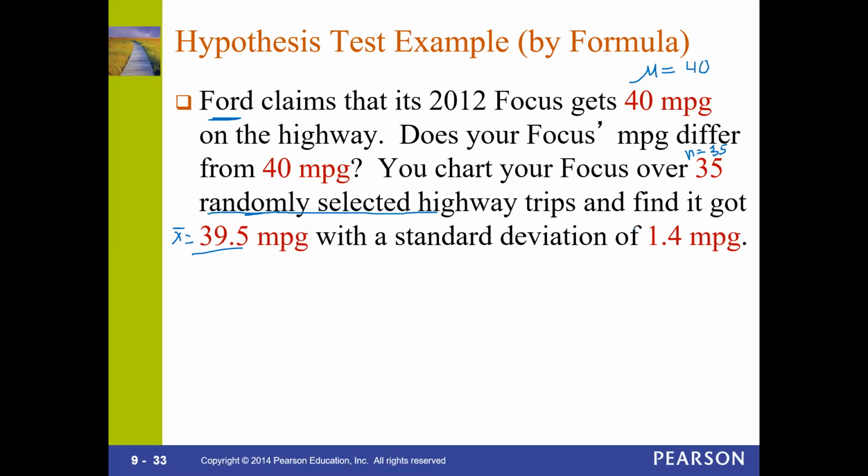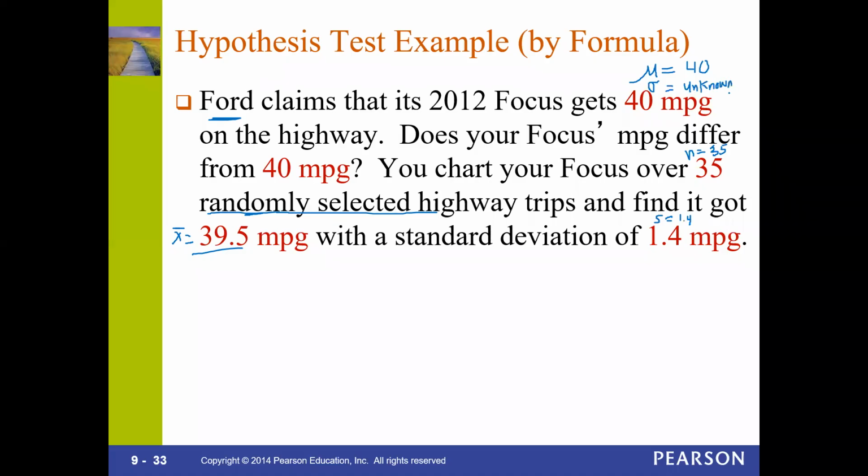Okay, for the sample. Because this is for the sample, I'm going to say S for standard deviation is equal to 1.4. If it were the population, I would say sigma equal to. But this is not given to me, they don't say what sigma is. That means I'm going to assume it is unknown, because it's not given in the problem.